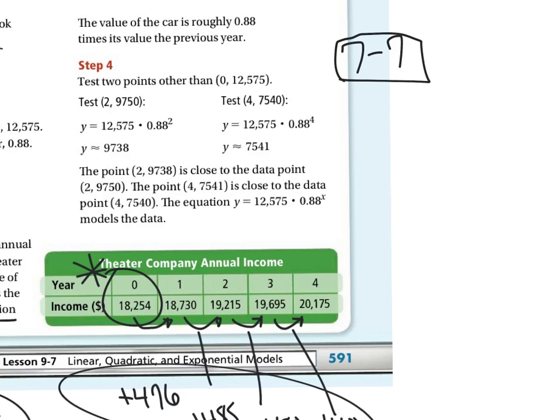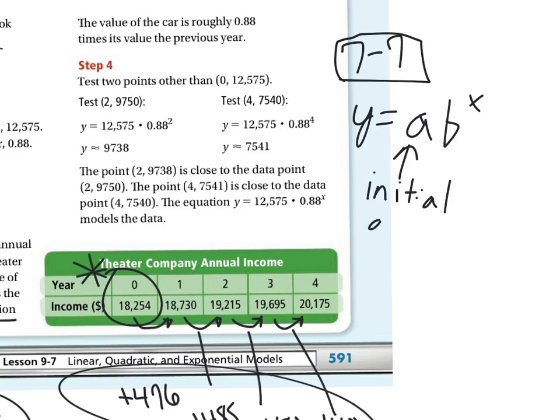Lesson 7.7, we talked about, this was our formula for exponential. A was the initial amount, and then B was the growth or decay factor. It was 1 plus the percent rate of change as a decimal.